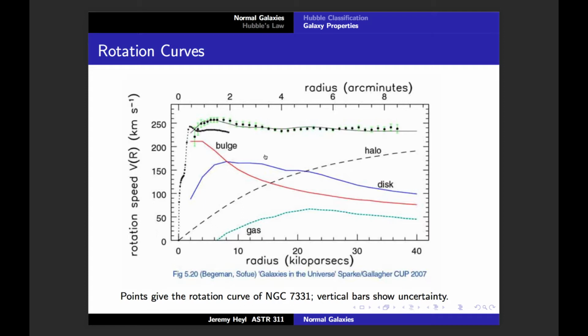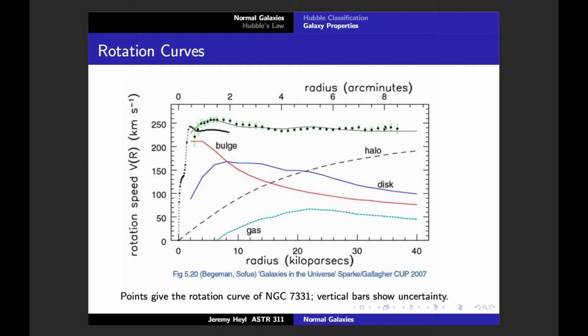How fast the different parts of the galaxy are going around the center is given by the points at the top here. You can see it's nearly flat, just like in our own galaxy, except here the measurements extend out to 40 kiloparsecs. We can measure it further out than in our galaxy.